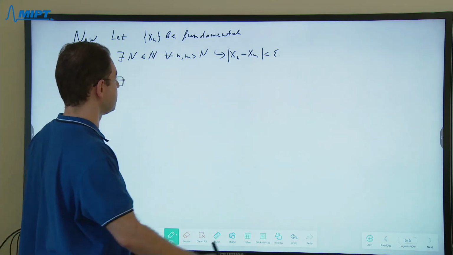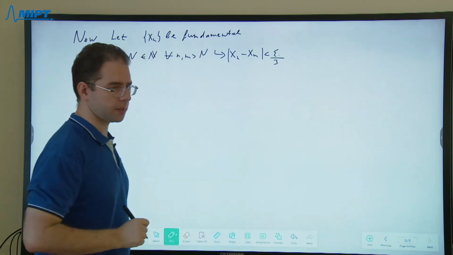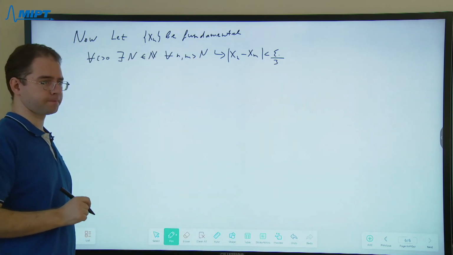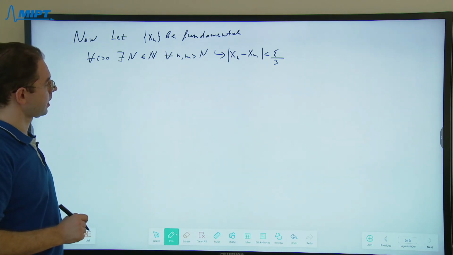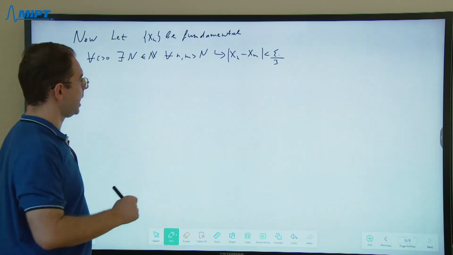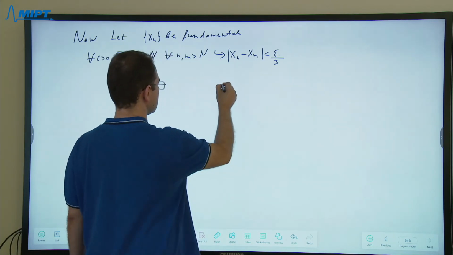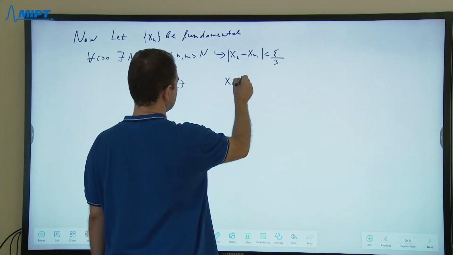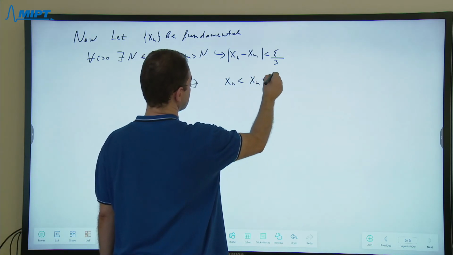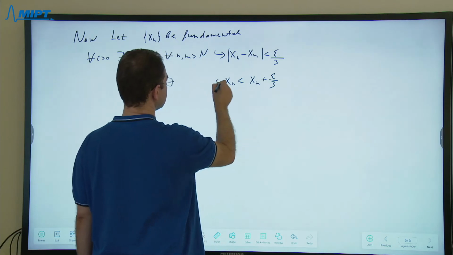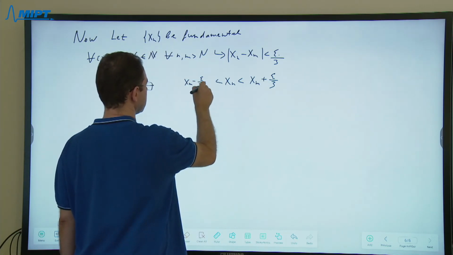Actually, let's put here epsilon divided by 3. So I can rewrite this expression as follows: xn is less than xm plus epsilon divided by 3 and greater than xm minus epsilon divided by 3.